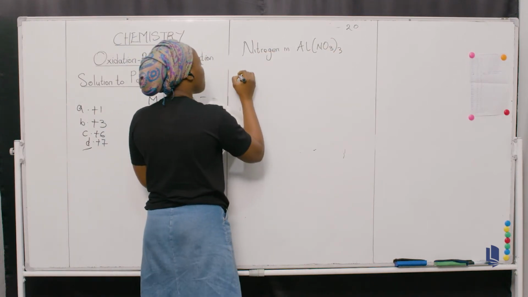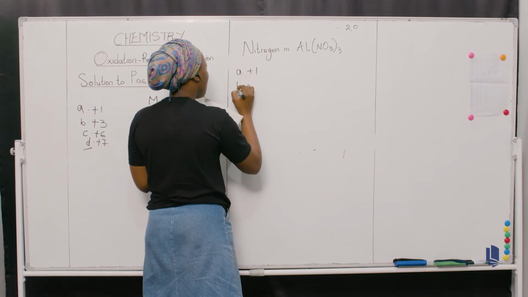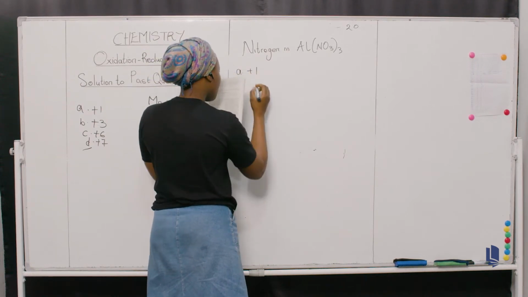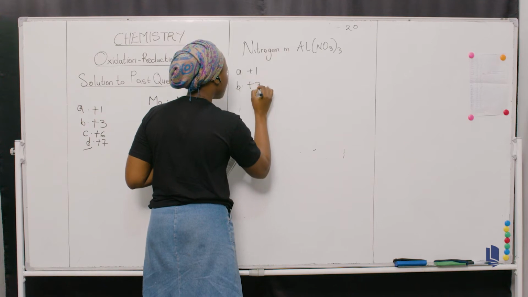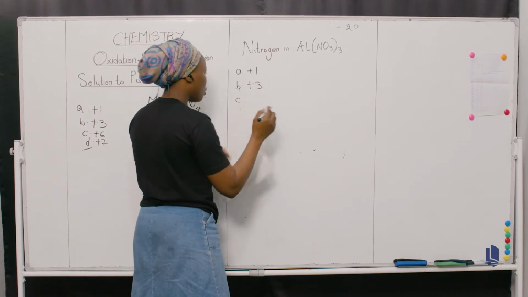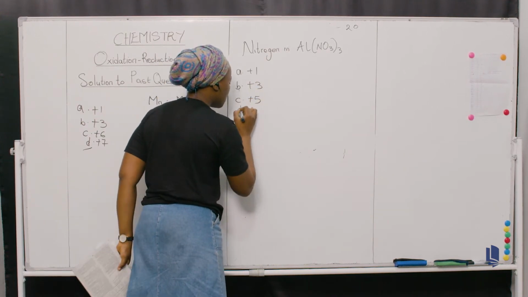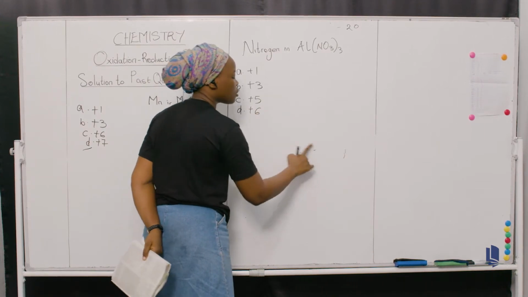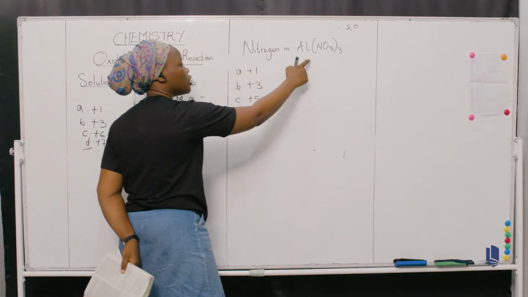Option A, +1. Option B, +3. Option C, +5. Option D, +6.